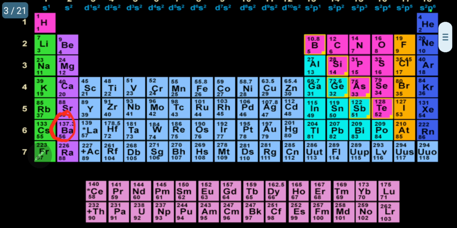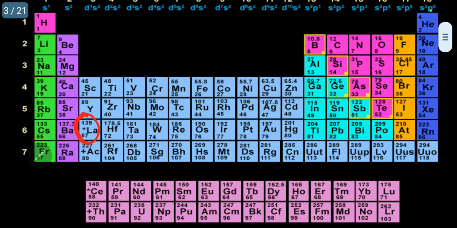Barium has atomic number 56, and lanthanum is 57.